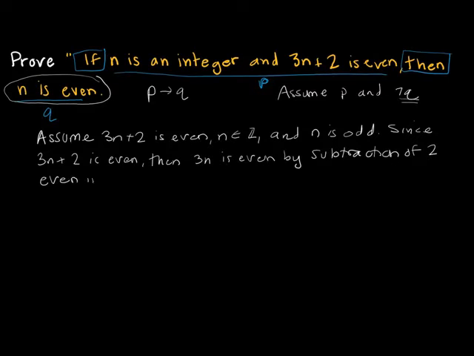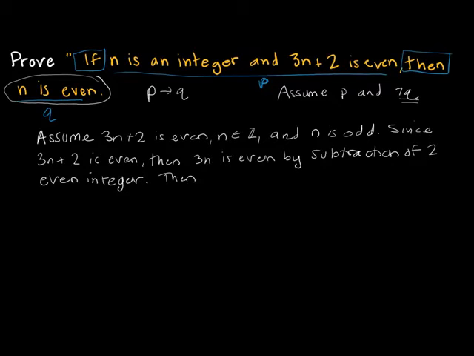So we know if we have an even integer and an even integer and we subtract them, we get another even integer, or 0, but we're just going to assume even integer. So if I take 3n plus 2 and I subtract 2, then 3n must be even as well.